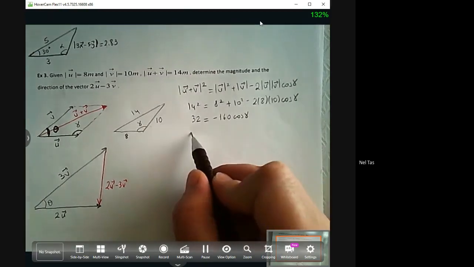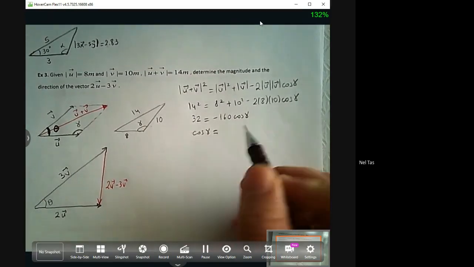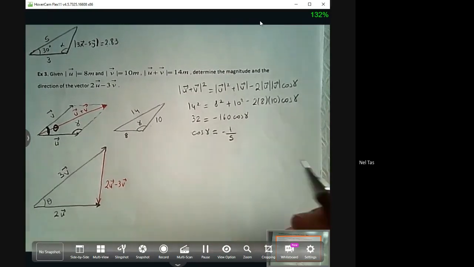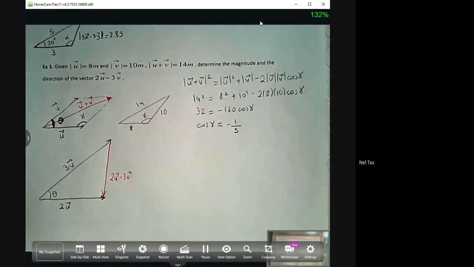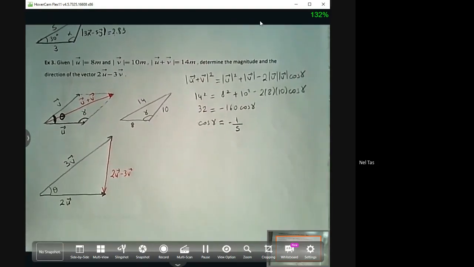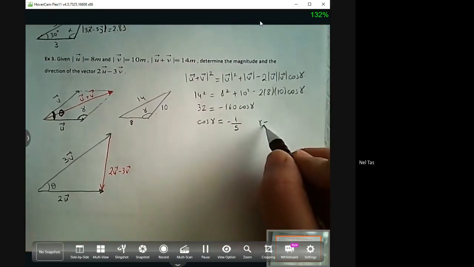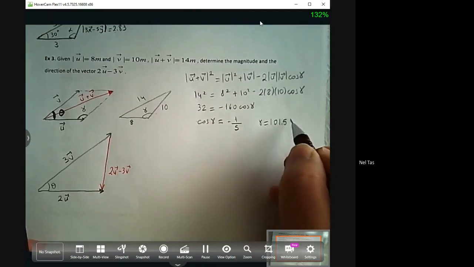So then cos gamma is negative 1.1 over 5. And do the inverse. So cos inverse of negative 0.2, 101.5. So gamma is 101.5 degrees.